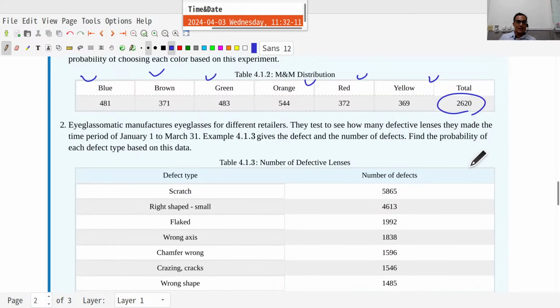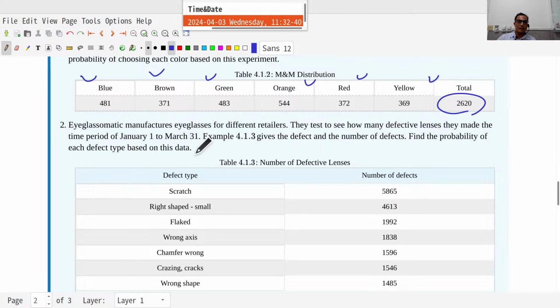And the second example: Eyeglasses Somatic manufactures eyeglasses for different retailers. They set out to see how many defective lenses they made in the time period from January 1st to March 31st. Example 4.1.3 gives the defect type and the number of defects.